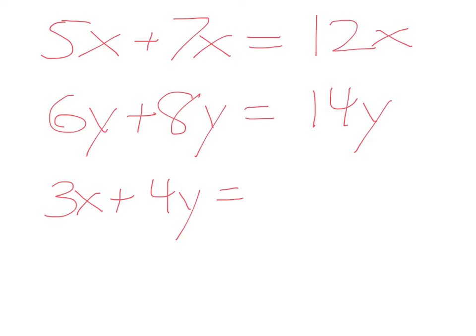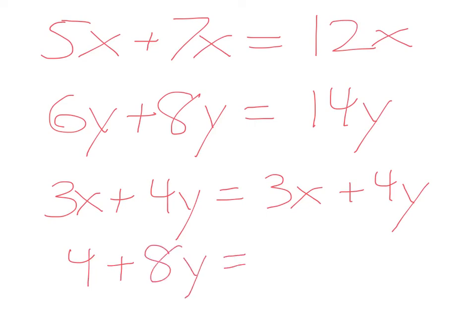Well, think of it as apples and cherries. You actually have 3x plus 4y. You cannot combine those together. If I have 4 plus 8y, what do you think that is? Good, that is 4 plus 8y. They're not what we call like terms.